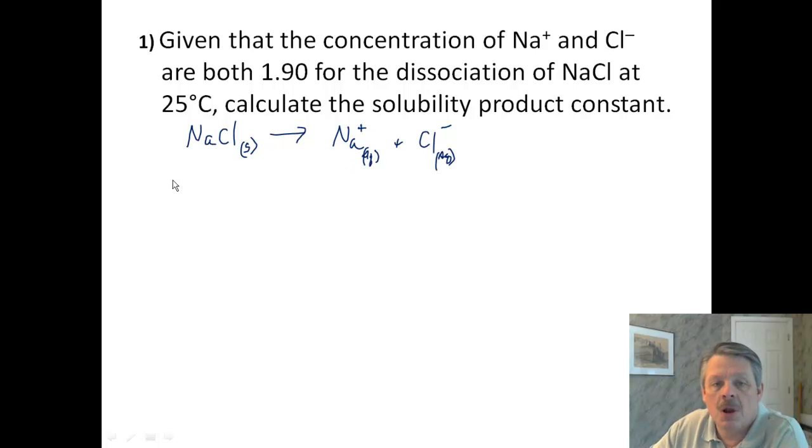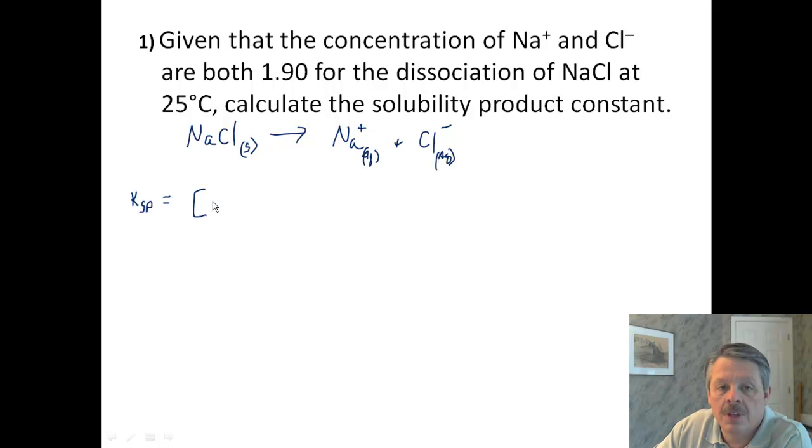So our solubility product constant, Ksp, the way it typically works is it's the concentration of the products only, because the concentration of the reactants don't matter because they're solids. So we don't have to worry about those.